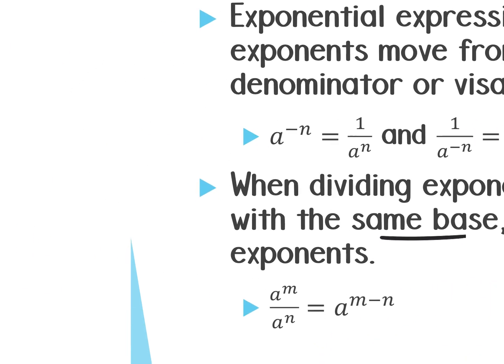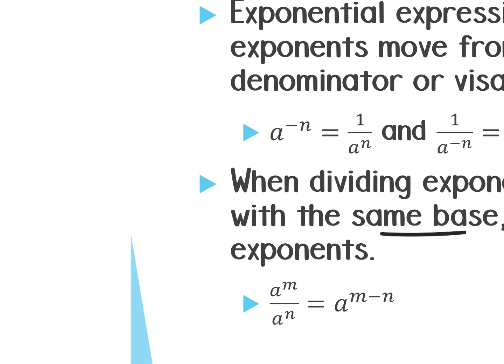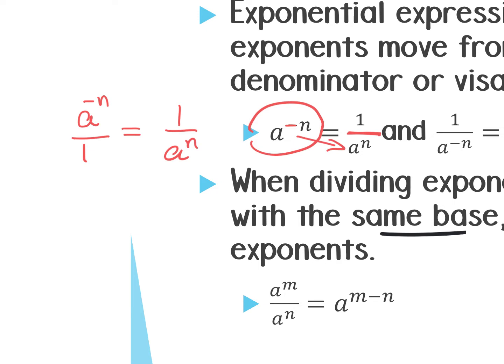So for this first one, a raised to the negative n power, if you want to think of it as a reciprocal, you could put a 1 under it and then flip it upside down, and then you make the power positive. Or just think of the negative sign as becoming the fraction bar, and then you put it under a 1.